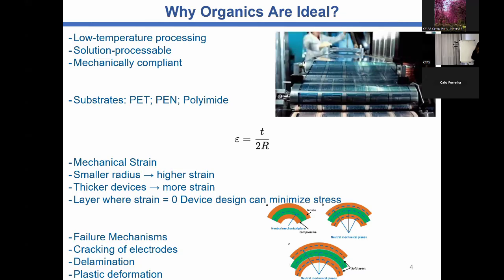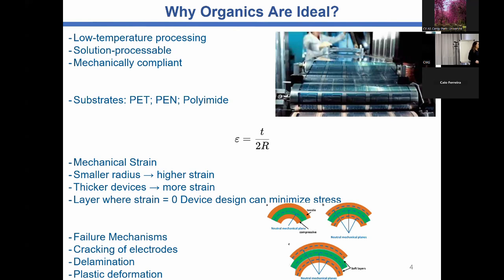But we have some limitations as we are dealing with materials. We can have mechanical failure coming from the cracking of electrodes, for instance. Also delamination, because when we increase stability, we apply lamination. Over a long time under stress, we can have delamination coming from mechanical or temperature stress.